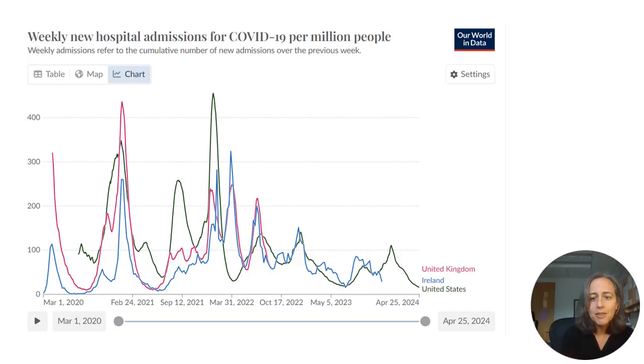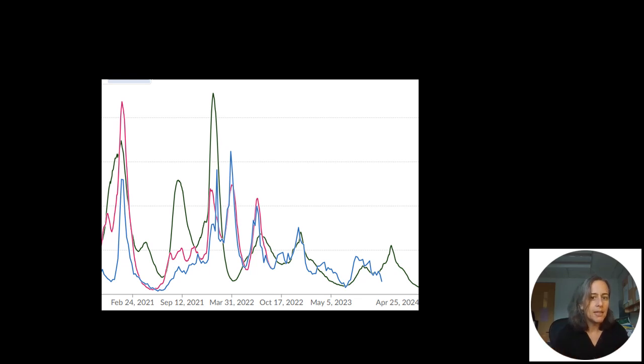This is hospital admissions for COVID per million people. So again, these are less common things, so we're using per million instead of per 100,000. But anyway, what you can see is, so I moved it to, this is all the way from 2020, right? So we had lots of hospitalizations in those first 2 winters, right? Lots of hospitalizations. And then this is the winter going into 2022, 2023.